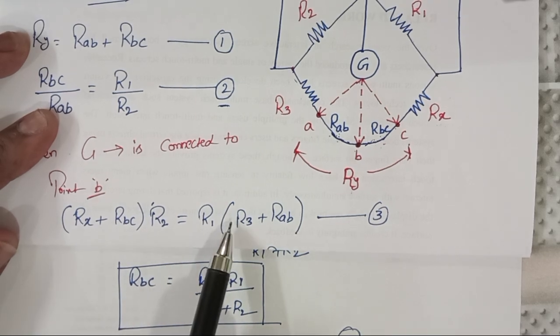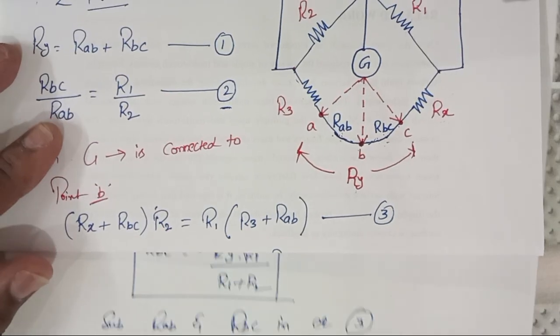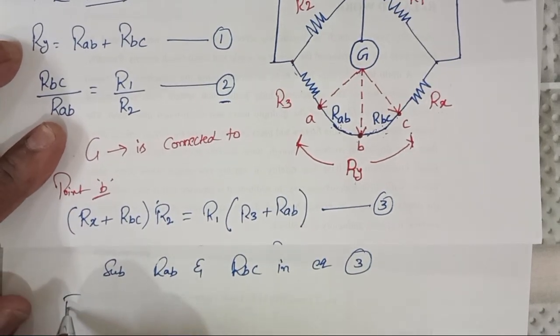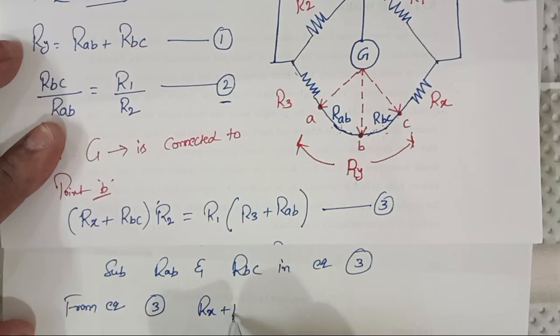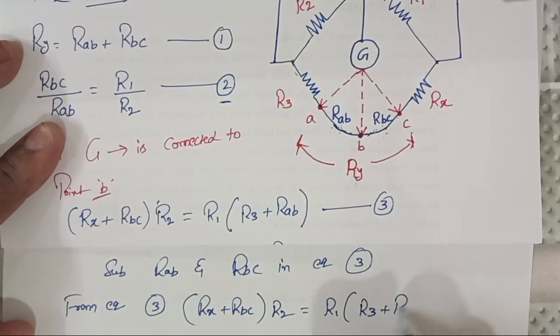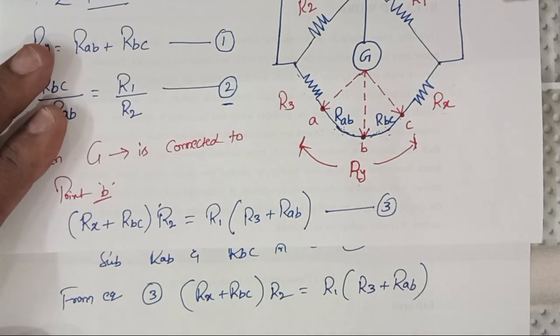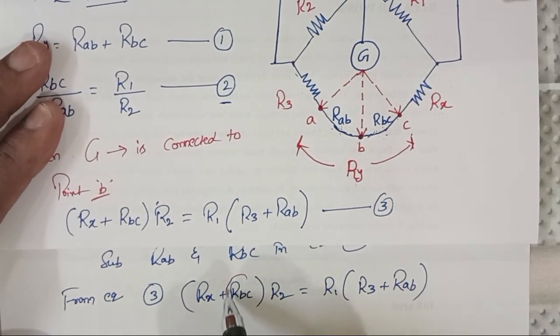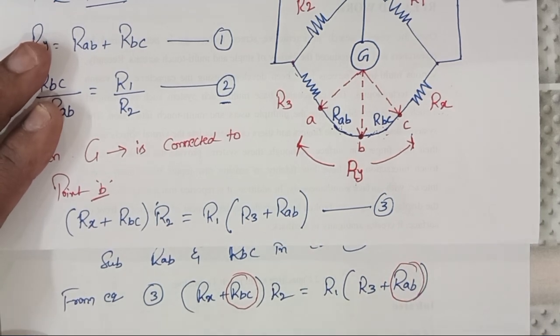From equation 3, this is the equation 3, Rx plus RBC into R2 equal to R1 into R3 plus RAB. Now I am substituting the values of RBC and RAB here, in these 2 points. First, RBC we have already derived.